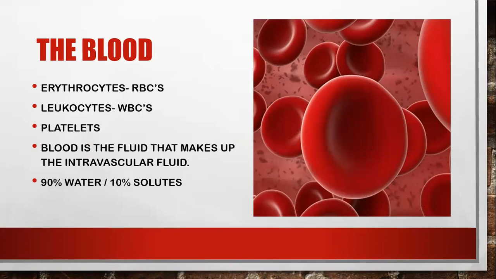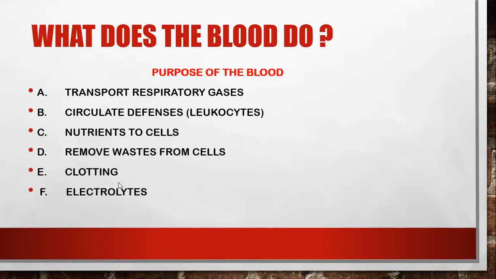You've got intravascular, which is the blood that's inside vessels. Interstitial is in between the cells. Fluid that is in between cells is called interstitial fluid. And then intracellular is fluid that's found inside the cell, like cytoplasm. Say the blood is 90% water, 10% solutes.